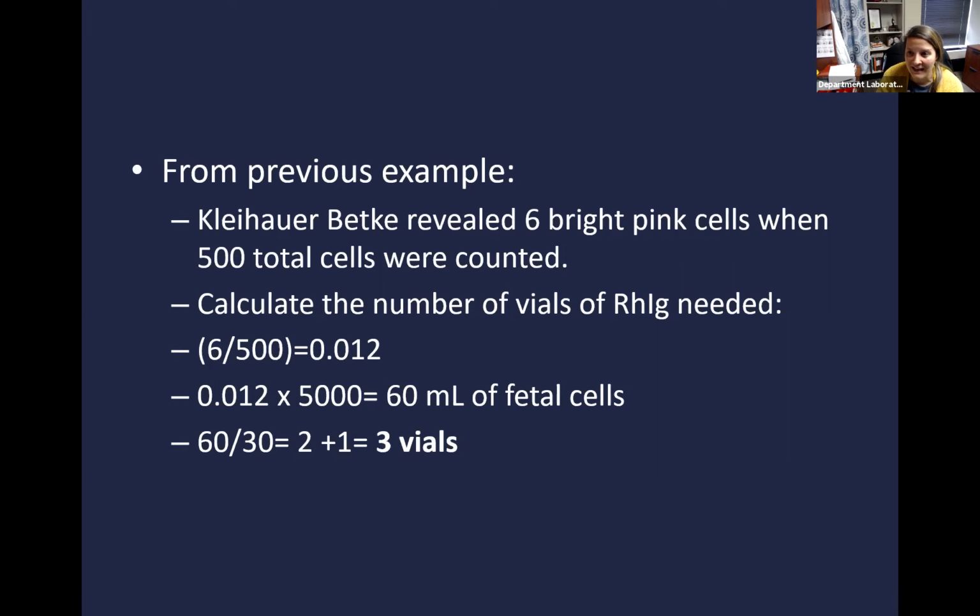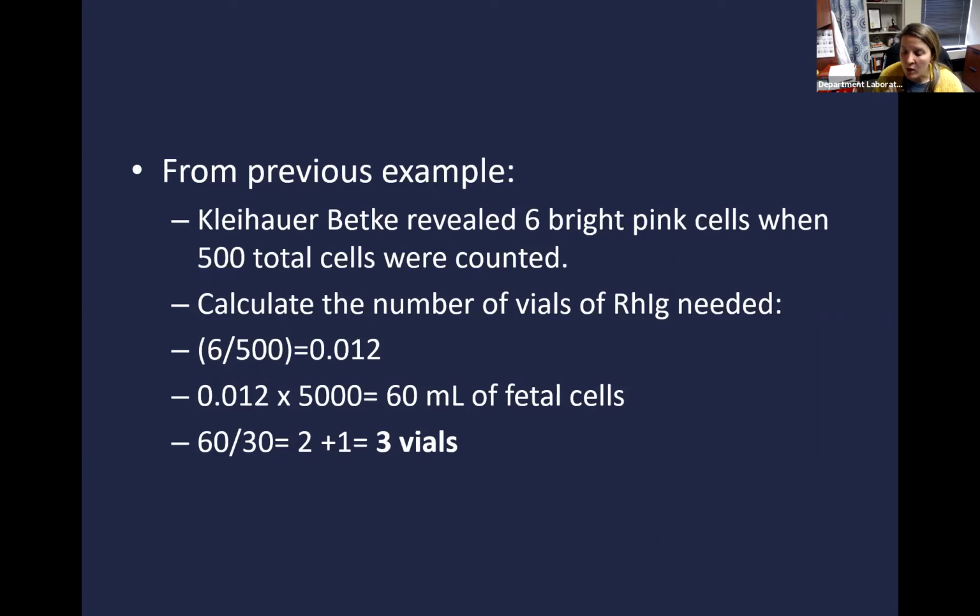There are, at any given one time, 5,000 mils of blood in your circulation, okay? So we're saying 1.2% of that blood in this mom is fetal cells, right? So we're going to convert that into mils. And so then we end up, mom has 60 mils of fetal cells in her circulation right now.